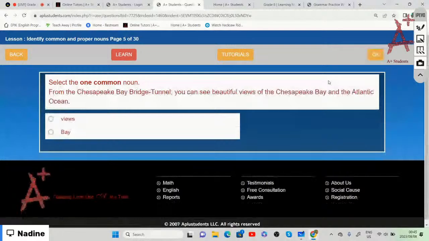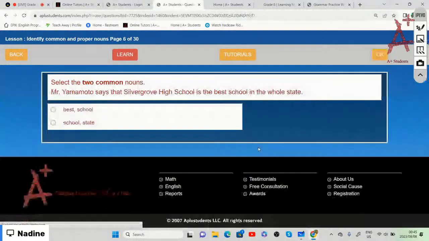We need to choose one common noun, either views or bay. And remember, a common noun does not have a capital letter unless it is at the beginning of a sentence. So if we must choose the common noun, we will choose views and not bay, because Bay speaks about that specific bay at the ocean there.